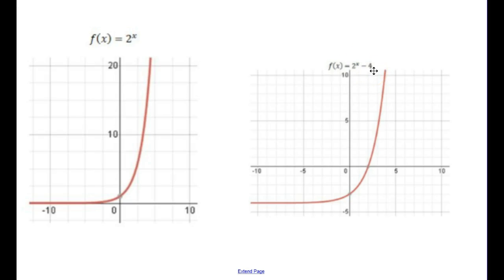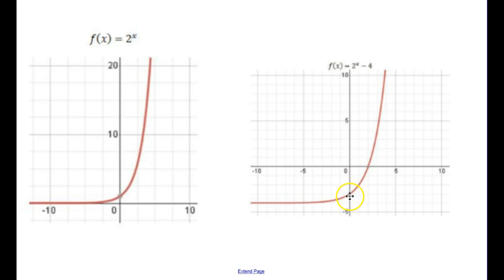So the only difference between these two graphs is this minus 4 at the end, which means we have a vertical shift 4 units down. An easy point to compare: the graph went through the ordered pair (0, 1). So if this was a shift down 4, (0, -3) should be a point.